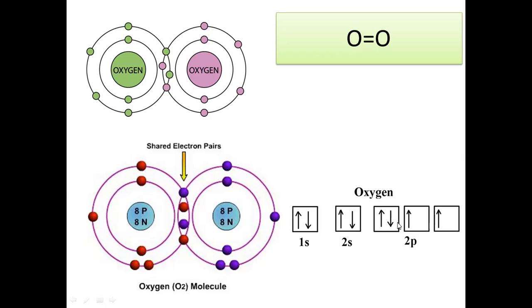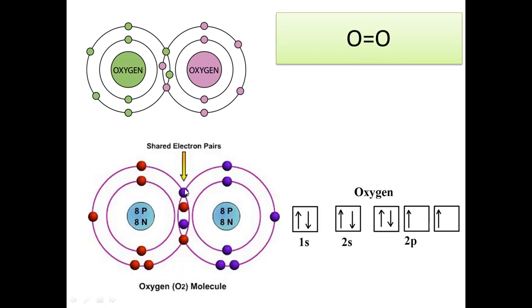Here 2, 4, 5, 6 electrons are there, so to complete its octet, it needs two more electrons. So each oxygen atom shares two electrons. So there is the formation of a double bond, because each bond is the sharing of one electron from each of the oxygen atoms.